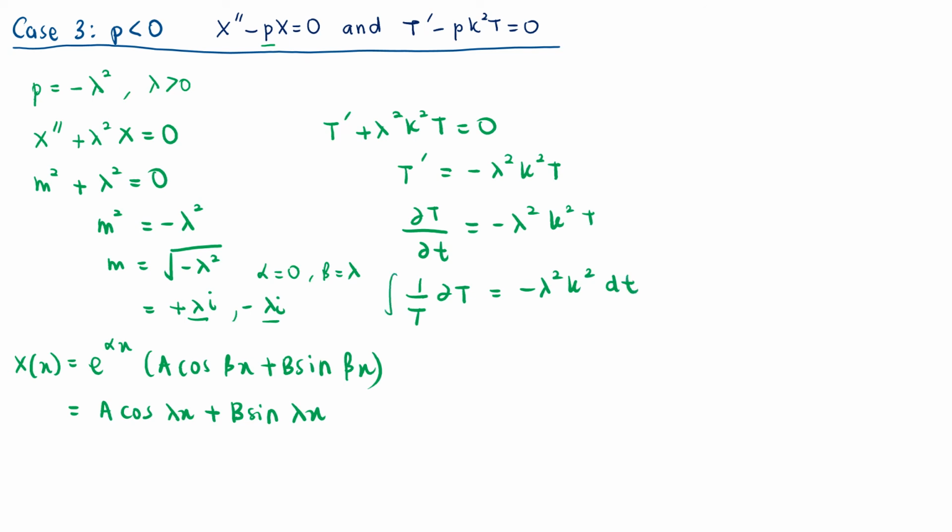So to find the antiderivative of this will become ln t equals negative lambda squared k squared t plus c.